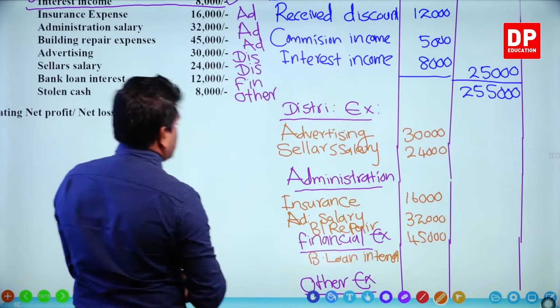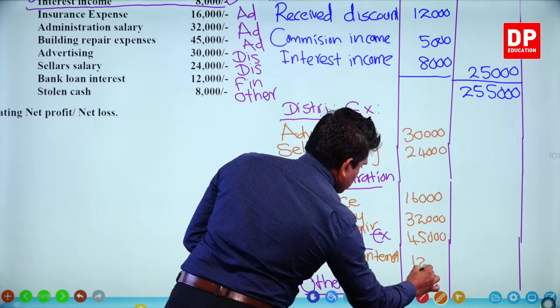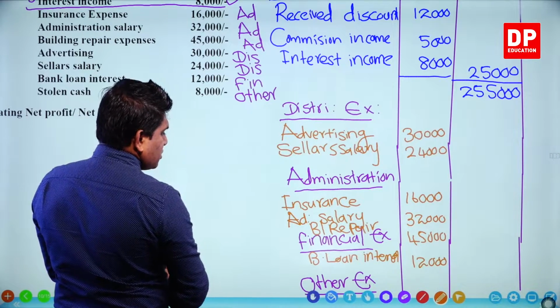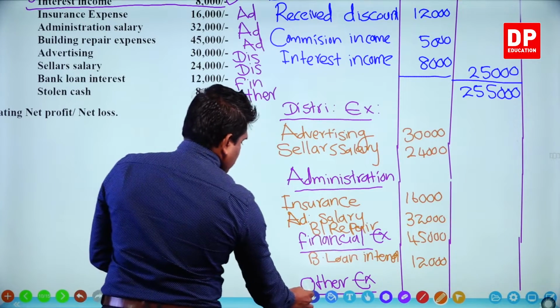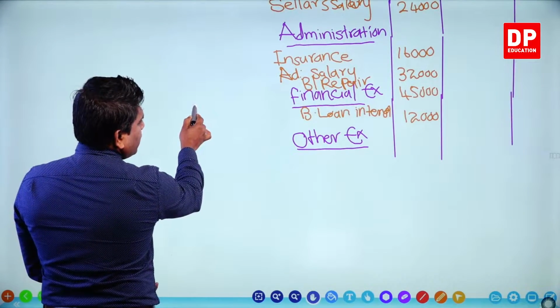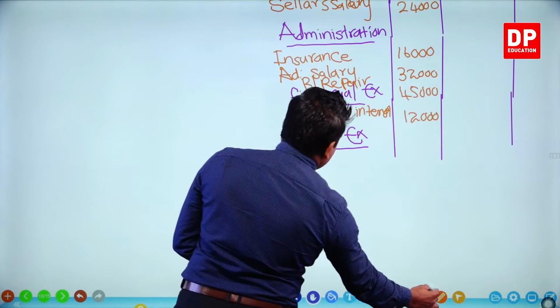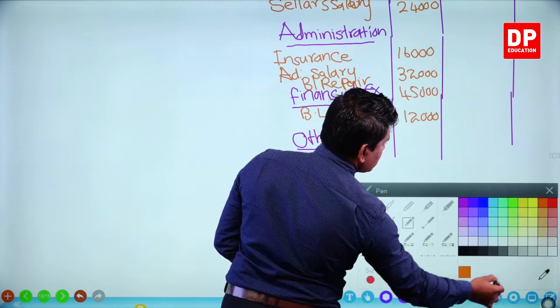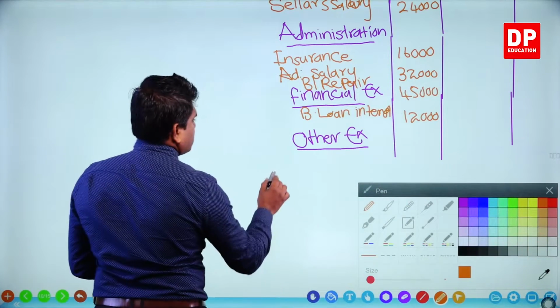Last one, stolen cash 8,000, right? Stolen cash 8,000.